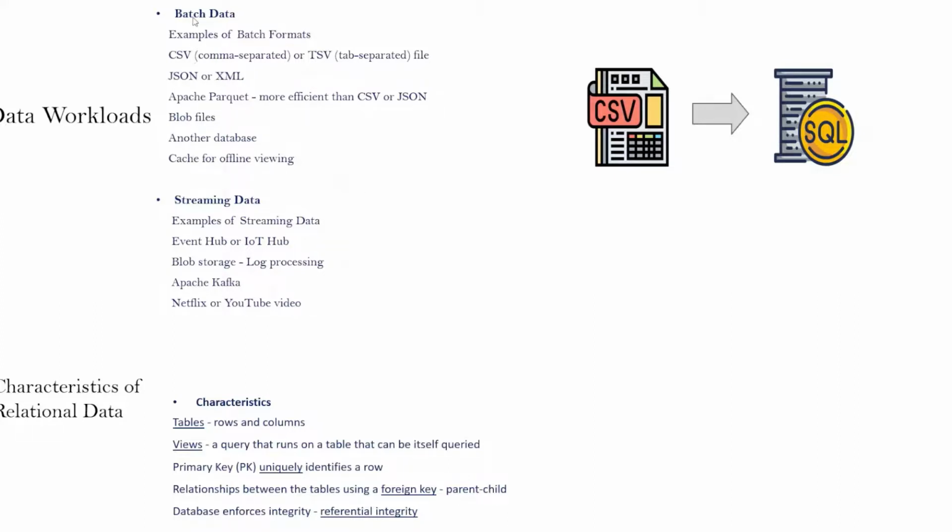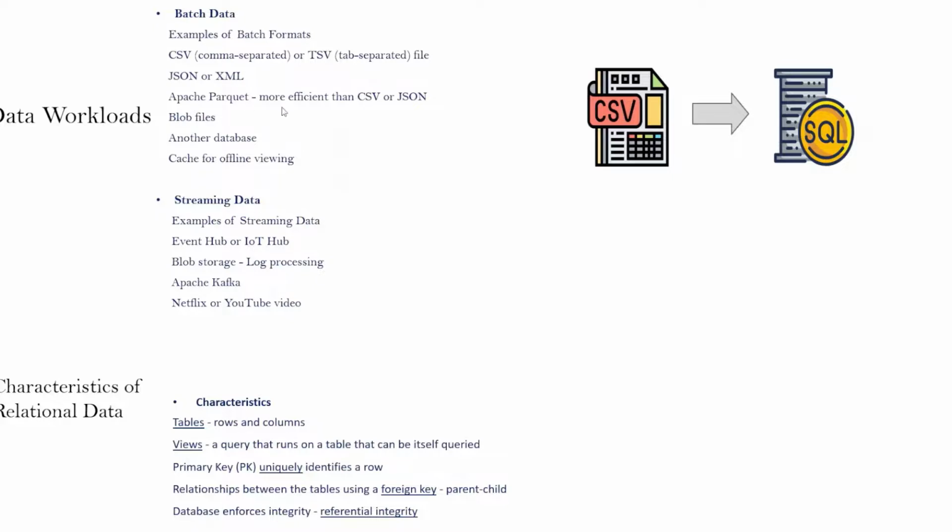So there are two ways. One is batch data, one is streaming data. I have talked about this one, but not particularly taken this name. So batch data is like data first stored in the format of CSV or TSV, tab separated file, JSON or XML, or maybe Apache Parquet.